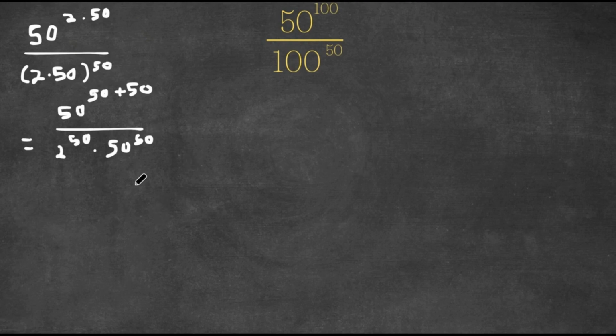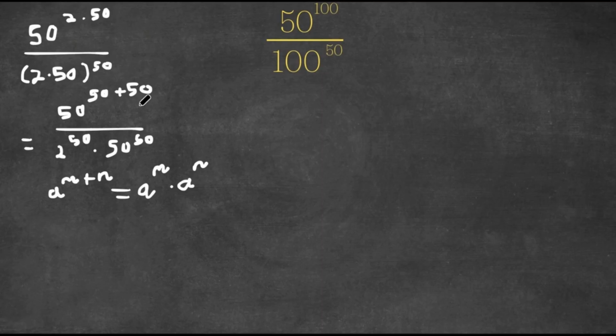Now, if we have something in the form a to the power of m plus n, this is equal to a to the power of m times a to the power of n.